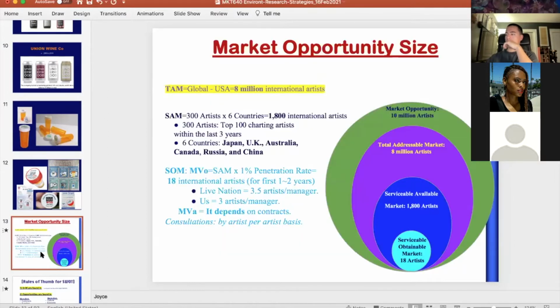So when you look at your market, it's important that you understand how to define the size of your market and the size of the opportunity. This is a question that students oftentimes ask. What is the size? So you have to look at the overall market.